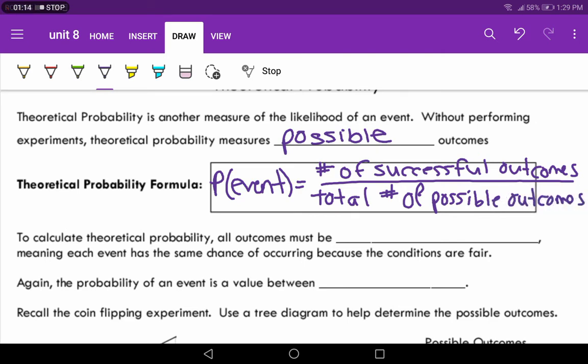So not very different really than experimental probability.